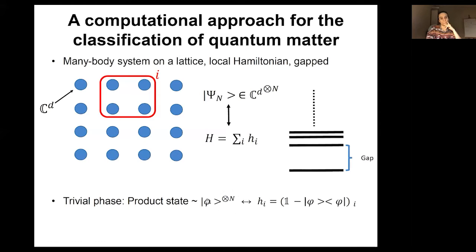The reason this is a trivial phase is that you can find a Hamiltonian such that this state is the ground state of this local Hamiltonian. This is a rather simple Hamiltonian because it does not involve more than one spin. Each h_i commutes with any other h_j because they don't touch each other. As you see, h_i is only defined for site i, acting on site i non-trivially and only on site i.